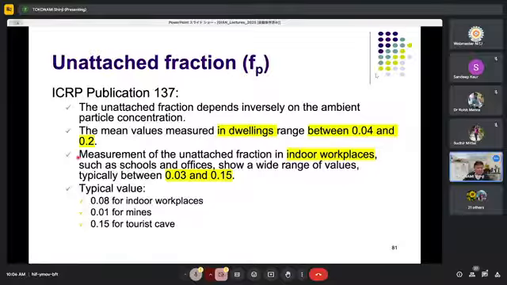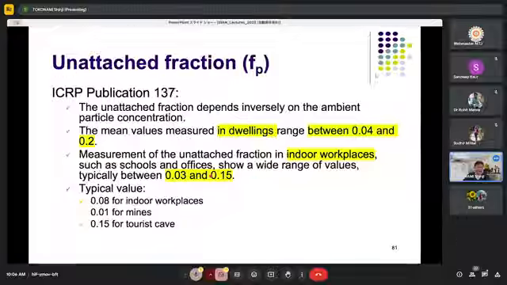Furthermore, measurement of the unattached fraction in indoor workplaces such as schools and offices show a wide range of values, typically between 0.03 and 0.15.